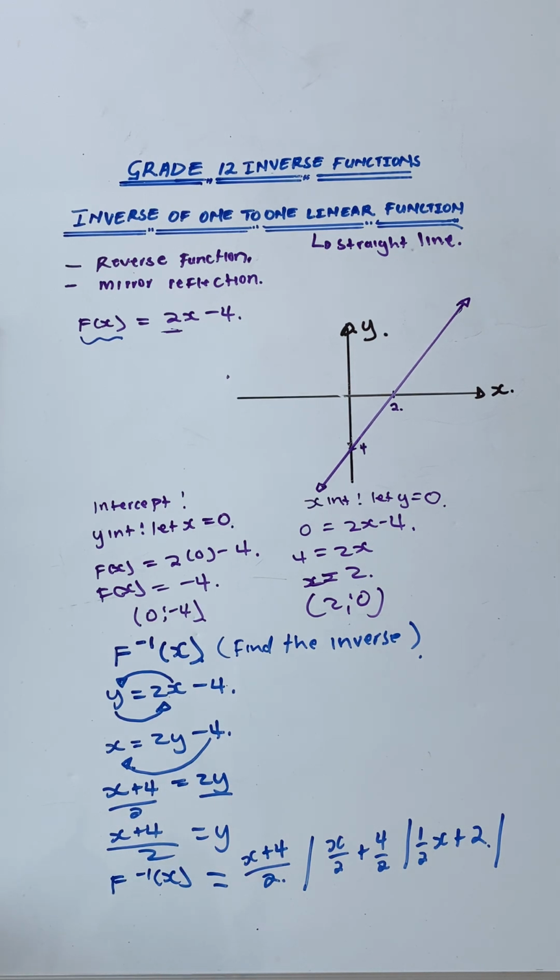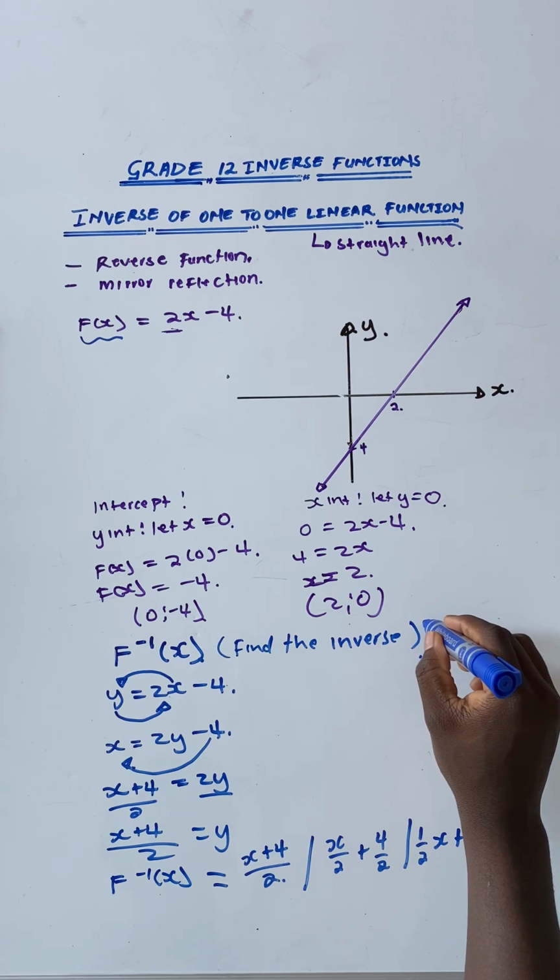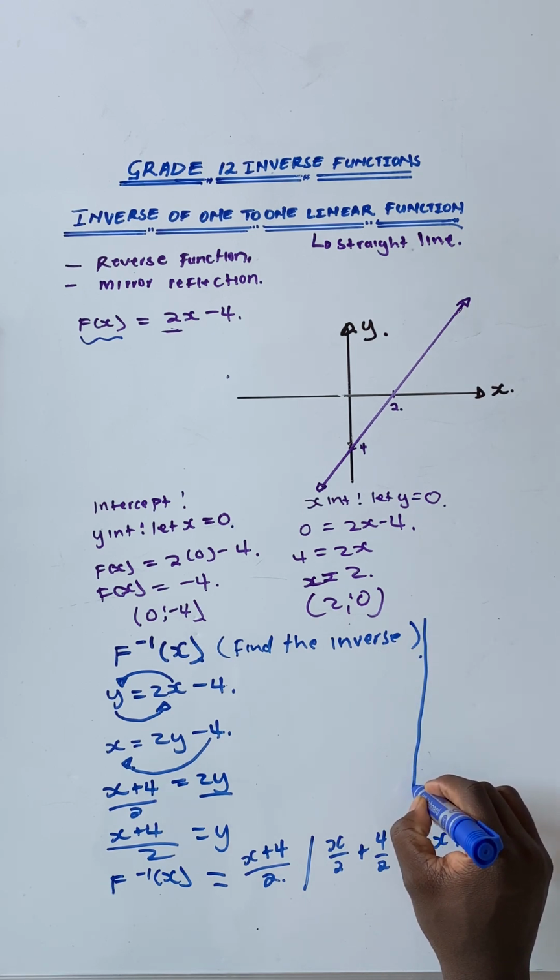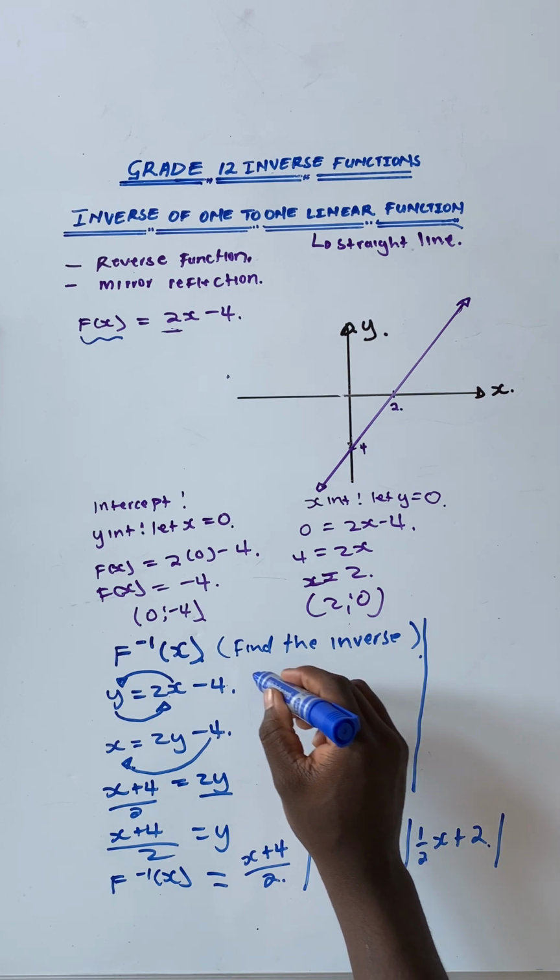Now we need to draw it on our Cartesian plane to see exactly how different this inverse function is. So the first thing again would be for us to find the intercepts. I want us to see the workings here. I don't just want to feed you information without you seeing where it comes from.